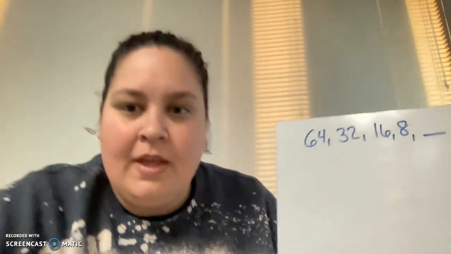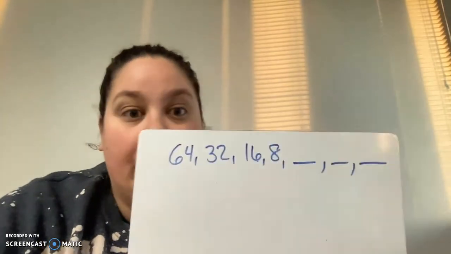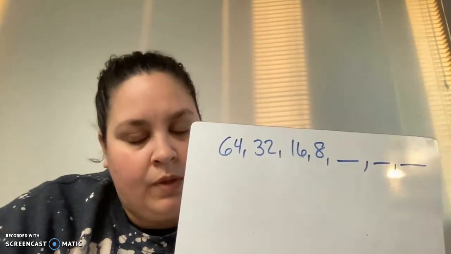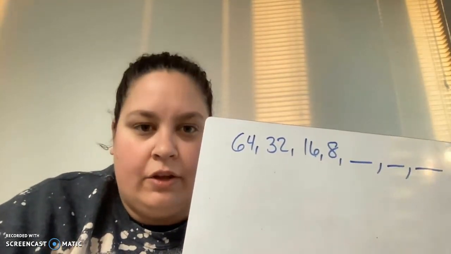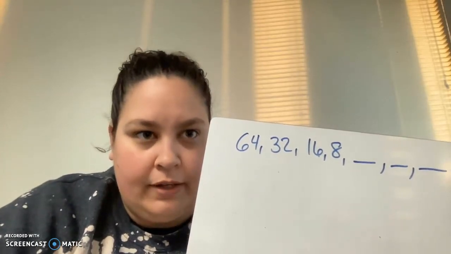Let's do one more. Let's say I had 64, 32, 16, and 8. All right, last one. Here we go. So we notice it's getting lower each time. So again, it's either going to be dividing or subtracting.